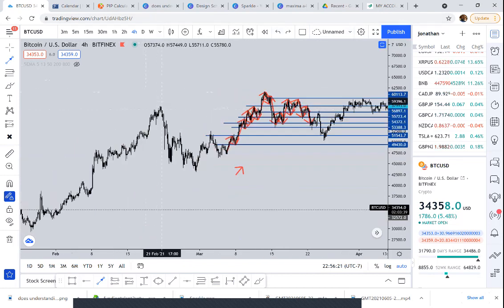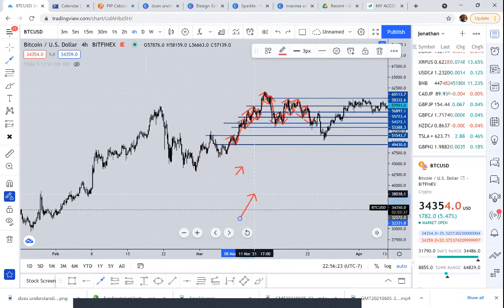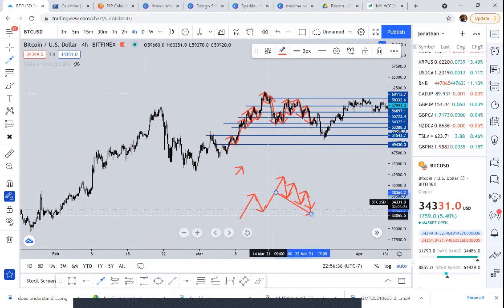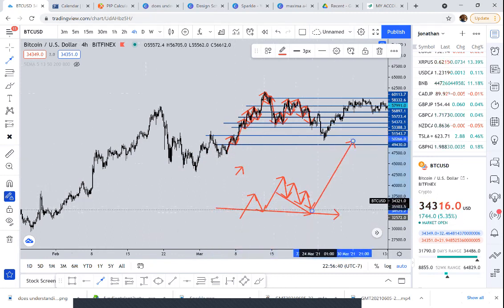Something like this. We'd go higher high, higher low, higher high, higher low, higher high, lower low, lower high. So this here, technically most people think, okay, now it's a bearish trend here, but technically this is, so the market will continue up.